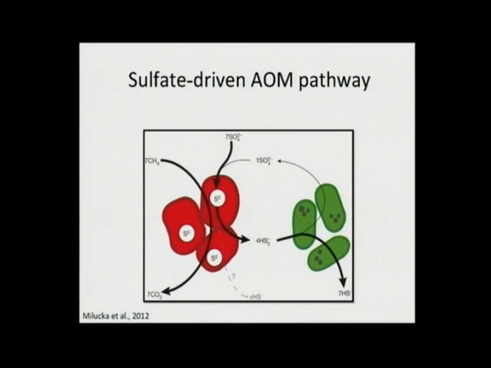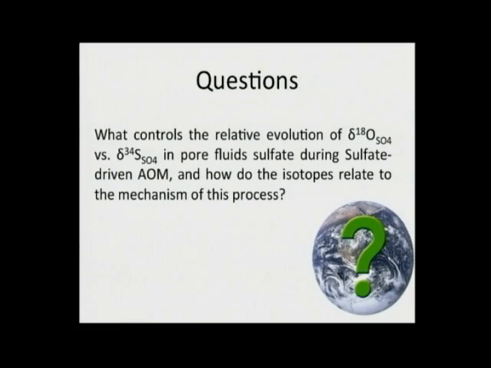And the last thing, this is a very recent paper. They show that during anaerobic methane oxidation, the pathway by which sulfate is being reduced is completely different from bacterial sulfate reduction, and actually involves disproportionation of polysulfides. So the question is, if these two processes are similar or not similar, can we see it in the isotopes?